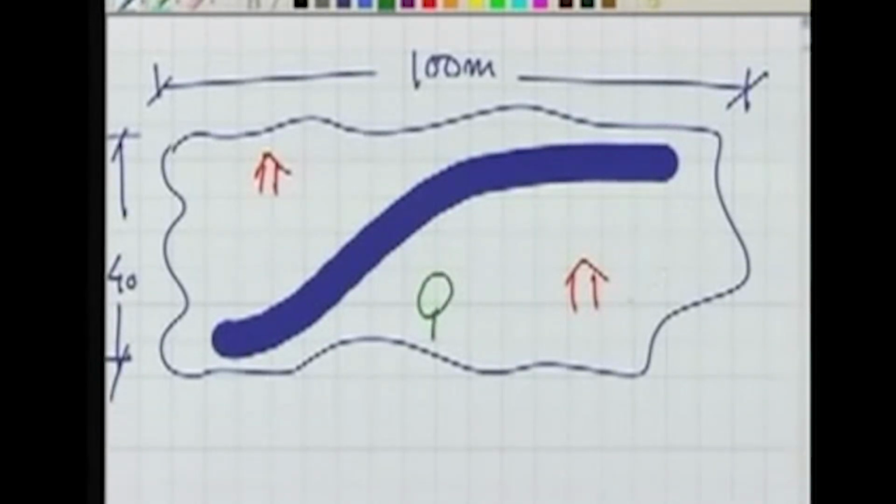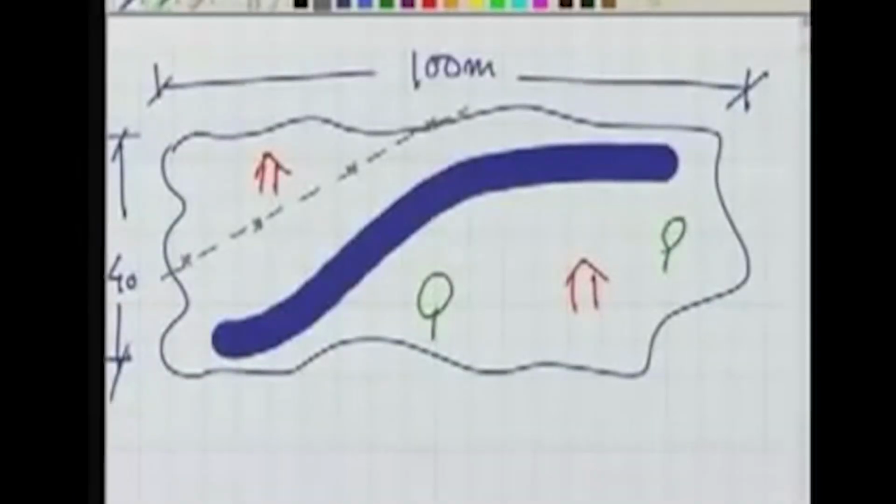Here is a tree, there is another tree. Also maybe there is a telephone line. A telephone line passes through this garden. This is pole number 1, pole number 2, pole number 3 and so on. This is my ground. Okay? Any ground could be like this.